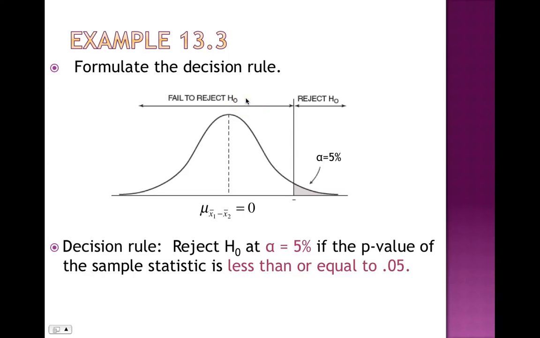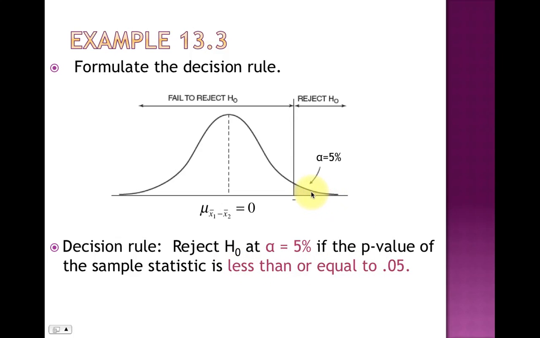The decision rule is going to be to reject the null hypothesis at alpha equal 5% if the p-value of the sample statistic is less than or equal to 0.05. So this decision rule doesn't change from the last decision rule. You always want a p-value that's small, so you want your p-value to be smaller than alpha.